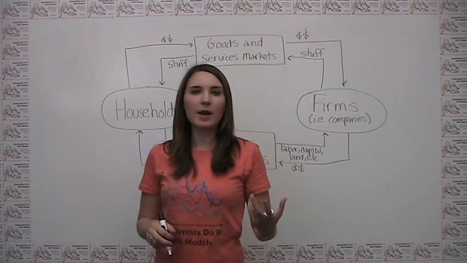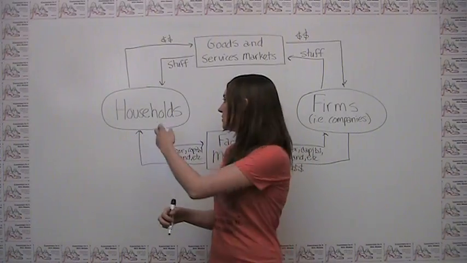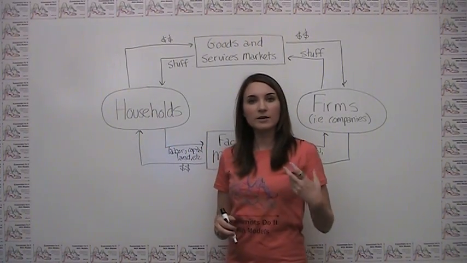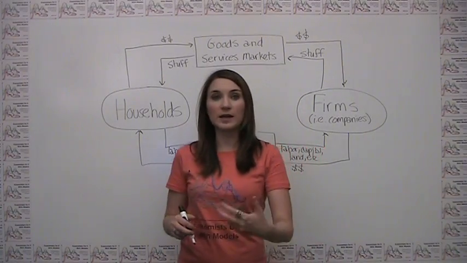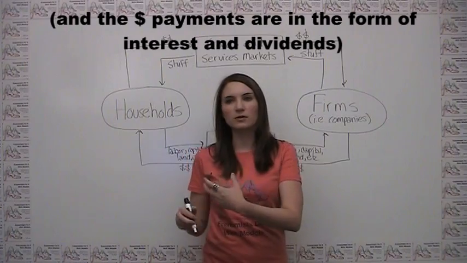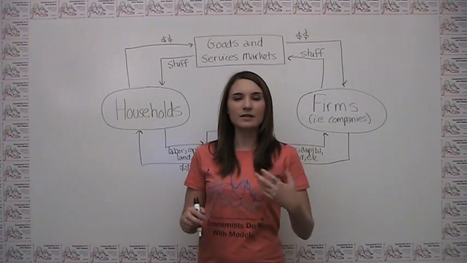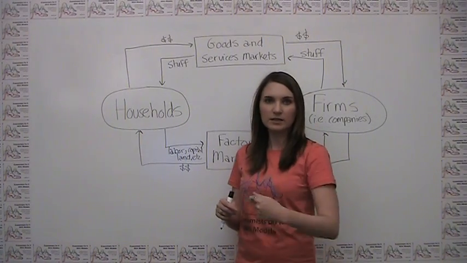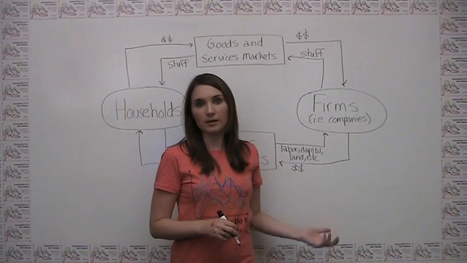We can think about capital as literally the machines that make stuff, but in this context, what the households are really doing is supplying financial capital in the form of investments that the company can use to actually buy those machines. So it's not necessarily the case that the households are literally supplying the firms with machines, but instead they're lending or investing in the company so that the company can buy the machines itself.